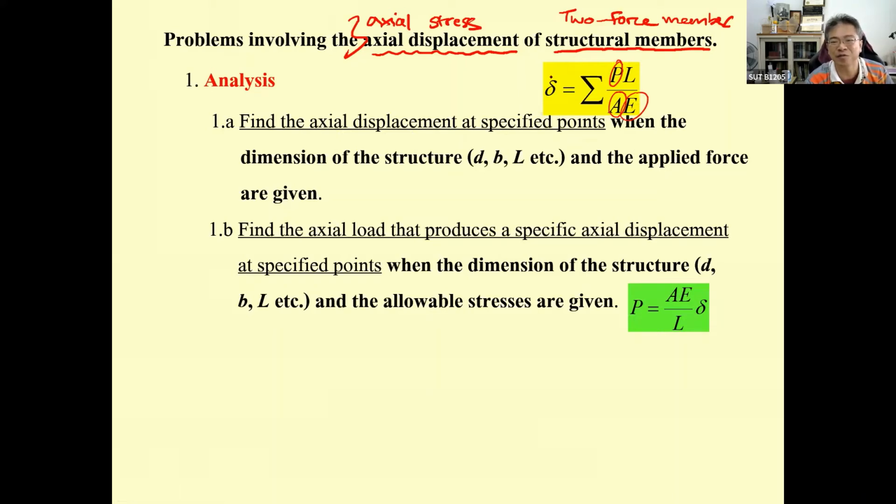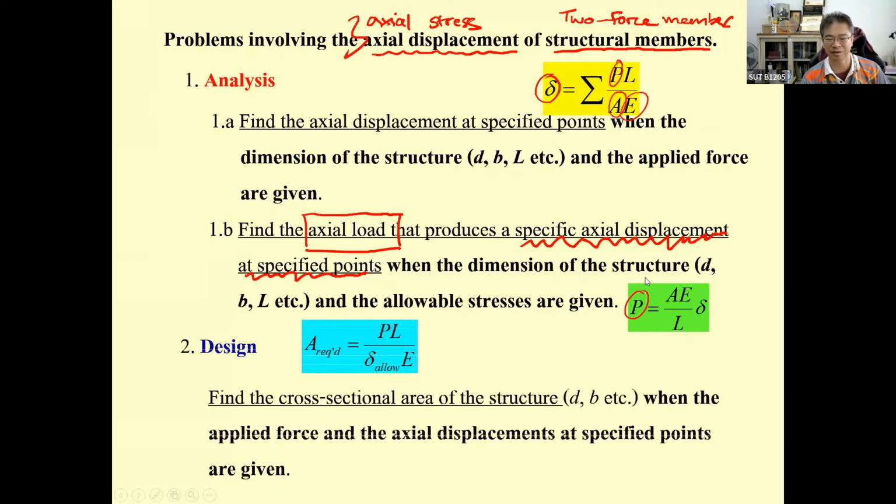The second one, for some specific axial displacement at a given point, we go back to determine the applied loading. So this equation, the yellow one, changes to the green one to determine the force, when we know A, E, L, and this specific axial deformation.